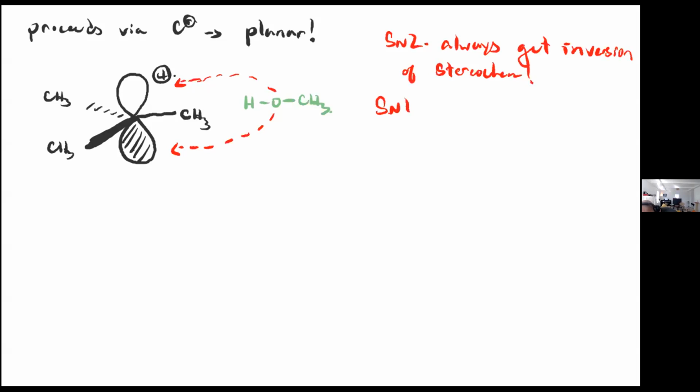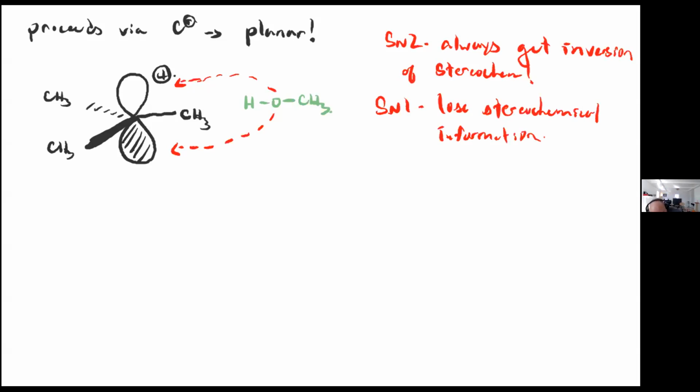In the SN1, you lose the stereochemical information. Okay, and there's no chirality to talk about in the product here.